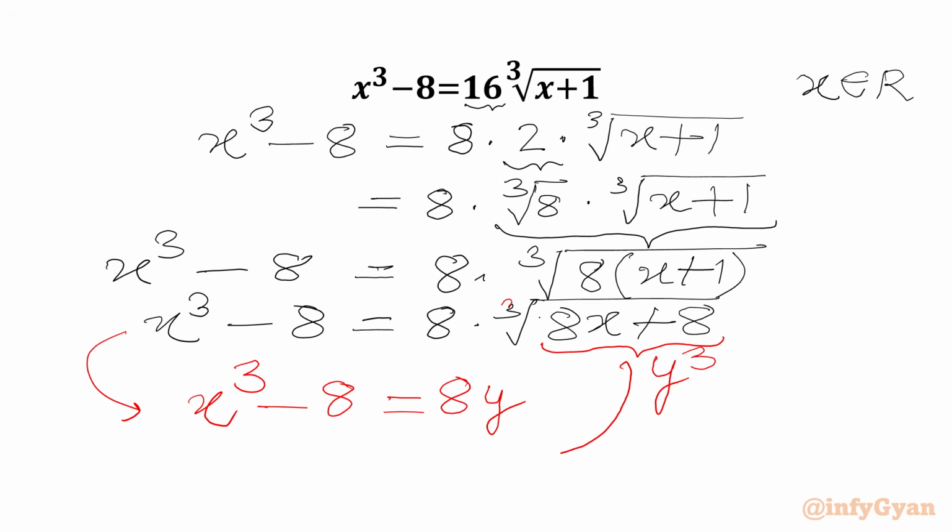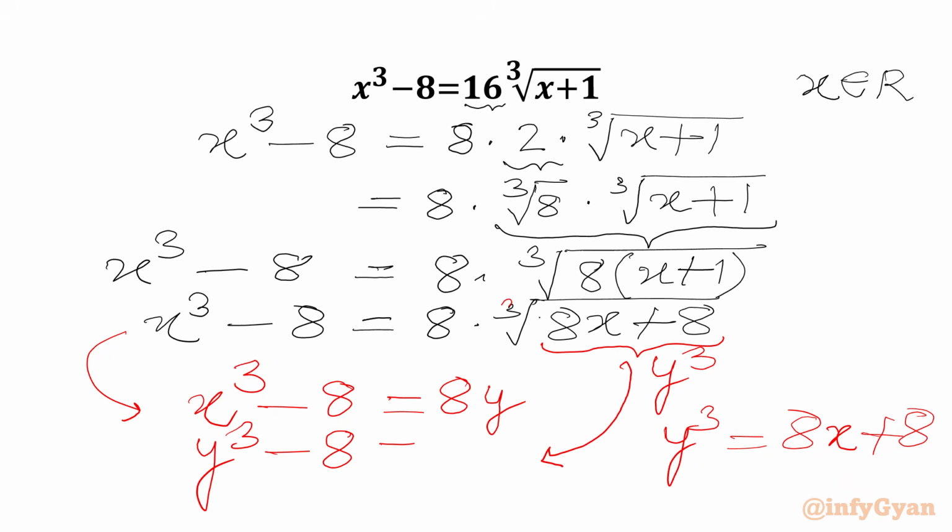And from this substitution equation, I can write y cube equal to 8x plus 8. Now we will subtract 8 from both sides. We will be getting y cube minus 8 equal to 8x.